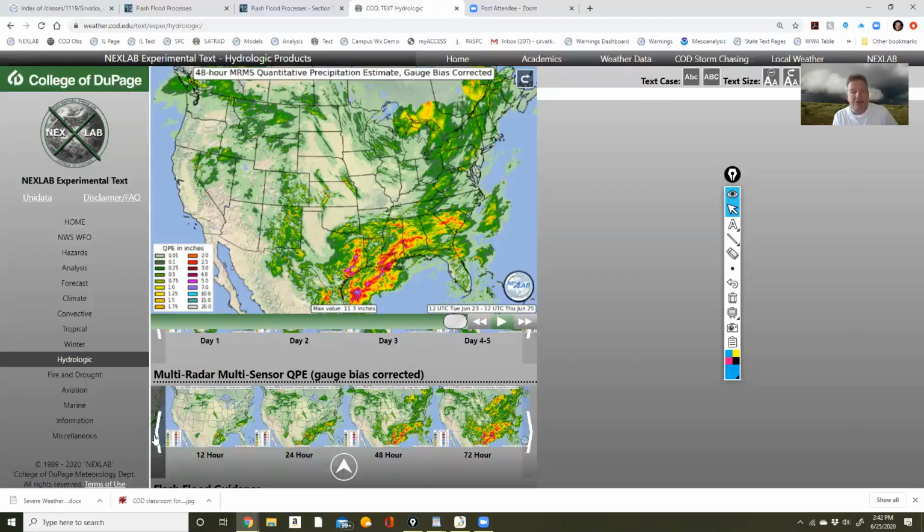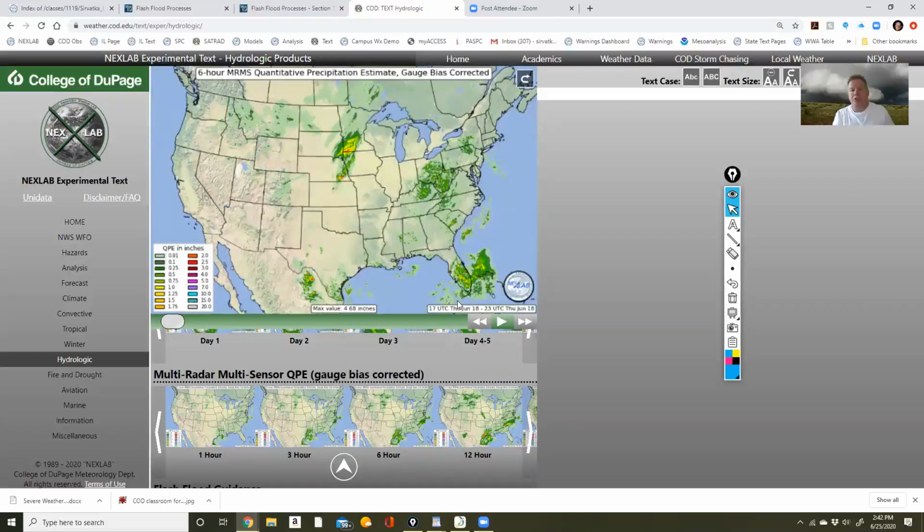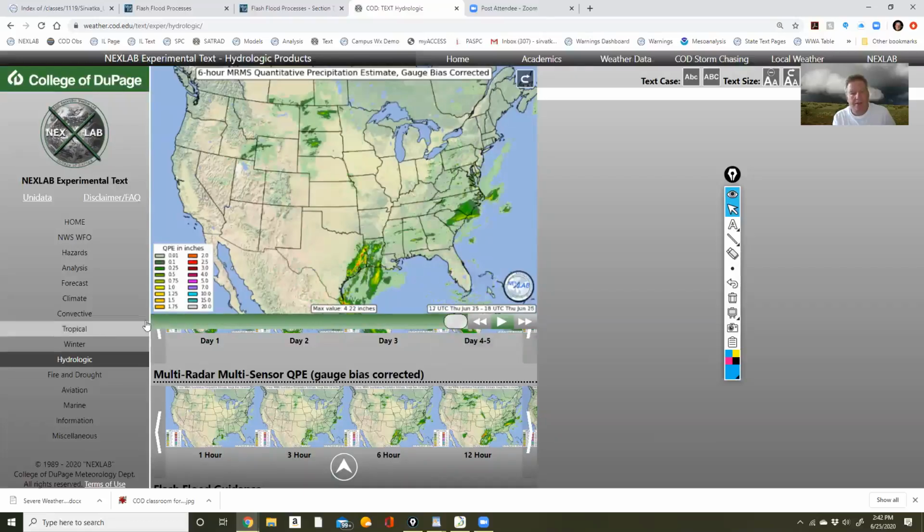And I can use this on smaller times. So here's 1, 3, and 6. So here is the latest 6-hour one. This can take a little while to load, but this is a 6-hour QPE to see how much rain we've gotten. Now, let's say I've gotten 4 inches of rain in 6 hours, but I know that the FFG for 6 hours is 3 inches.